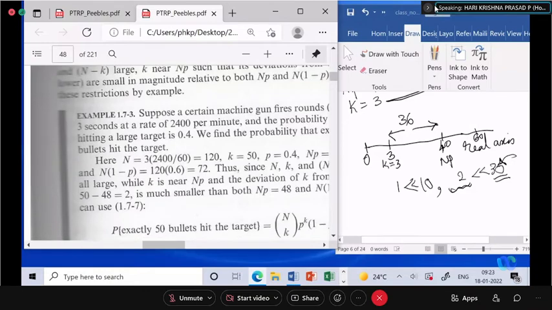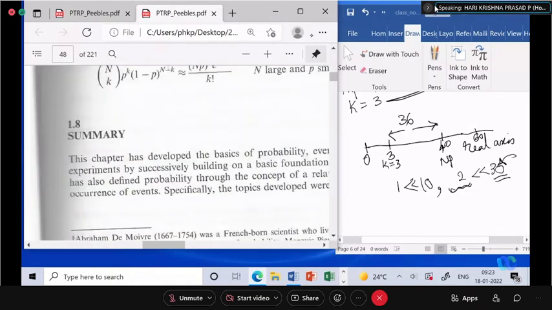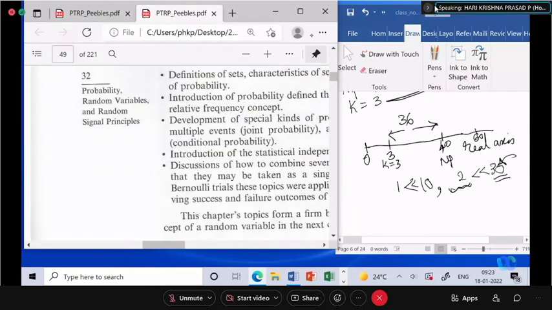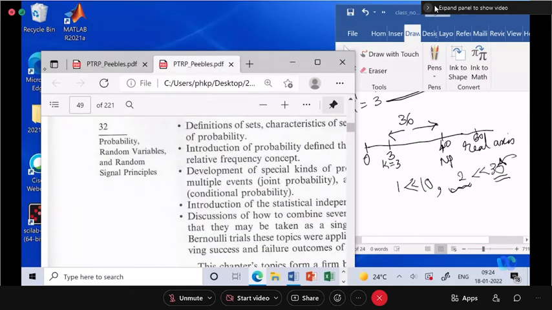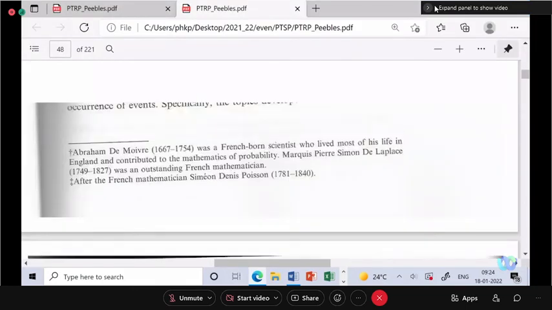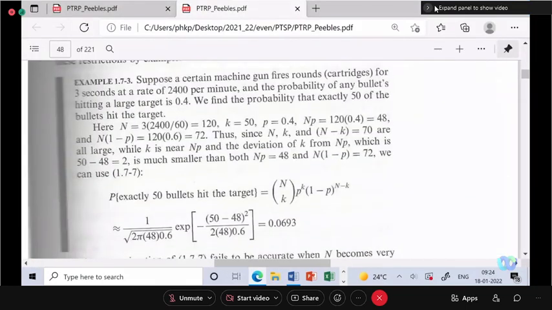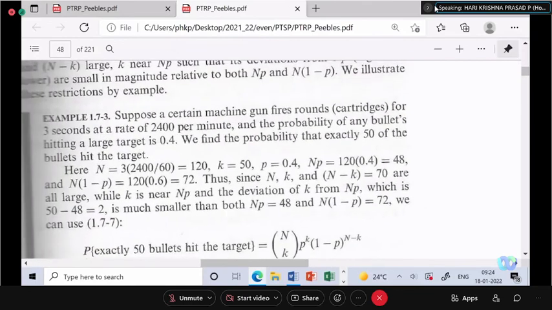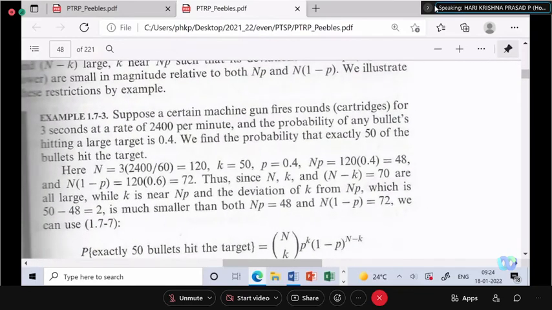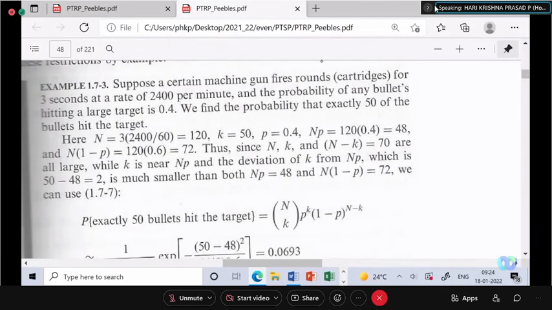So the example is, suppose a certain machine gun, we are seeing the application of this Laplace-de Moivre approximation. Suppose a certain machine gun fires cartridges for 3 seconds at a rate of 2400 per minute, and the probability of any bullet hitting a large target is 0.4.